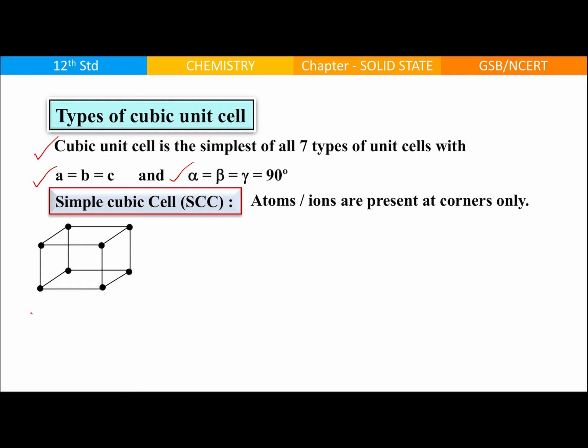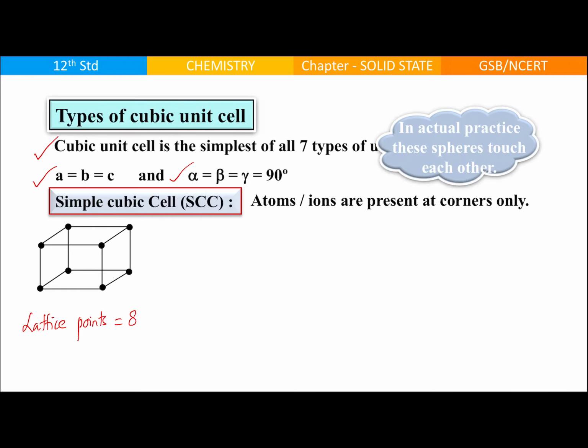If you want to say everything as a sphere, then you should say it has 8 lattice points. And in actual, the spheres touch each other. In this diagram you can't see it, but if you see this cubic diagram, you can clearly see the spheres touch each other.